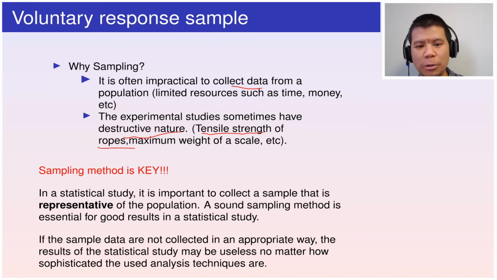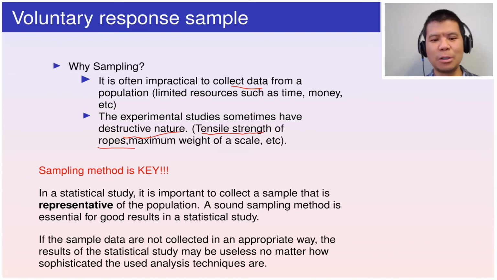You are going to destroy it. So it has a destructive nature. There are also other reasons, but these two are the main reasons why we are doing sampling.